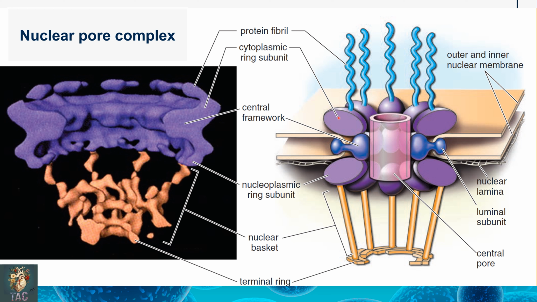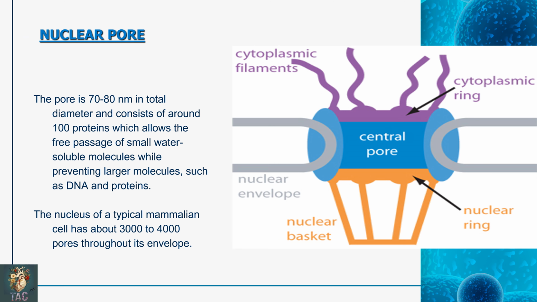You can see them in diagrammatic presentation over here, and in this diagram you can see the cytoplasmic ring subunits, and here the protein fibrils are present. In this area you can see the nucleoplasmic ring subunits with the nuclear basket fibers, and then the terminal ring. So this is basically the structure of the nuclear pore complex, which is formed by different subunits.